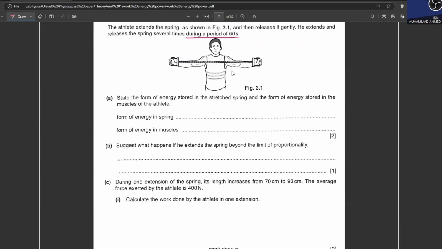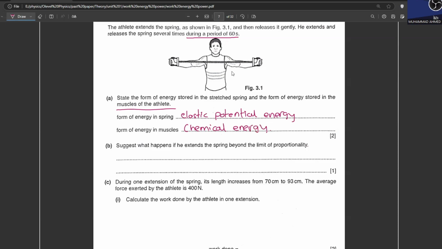State the form of energy in the stretched spring and the form of energy stored in the muscle of the athlete. The form of energy in the spring is elastic potential energy. And the form of energy stored in the muscles is chemical energy. Simple as that.